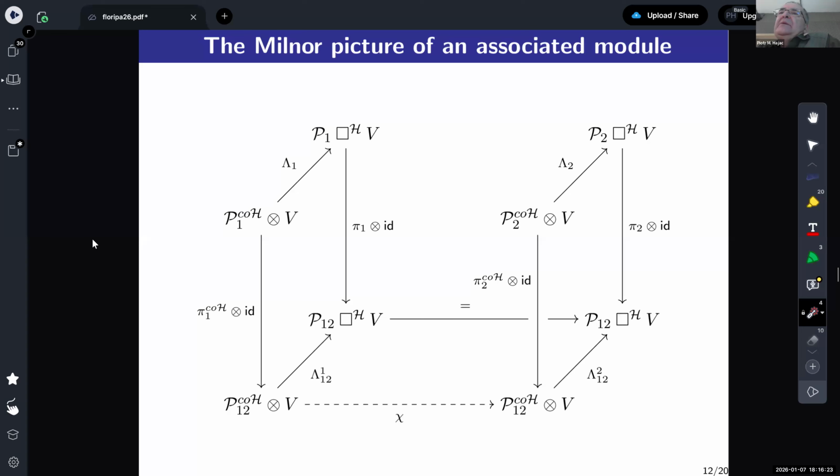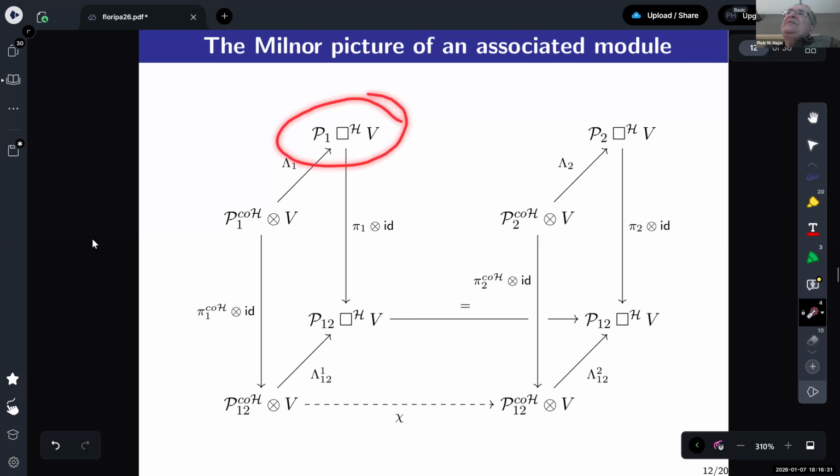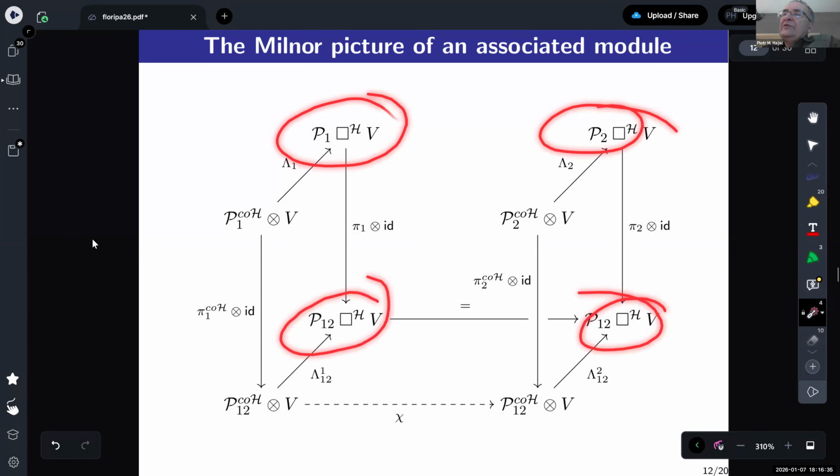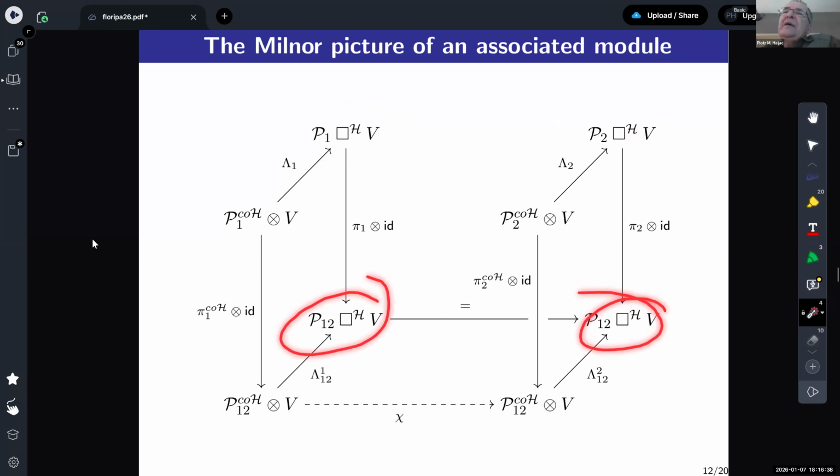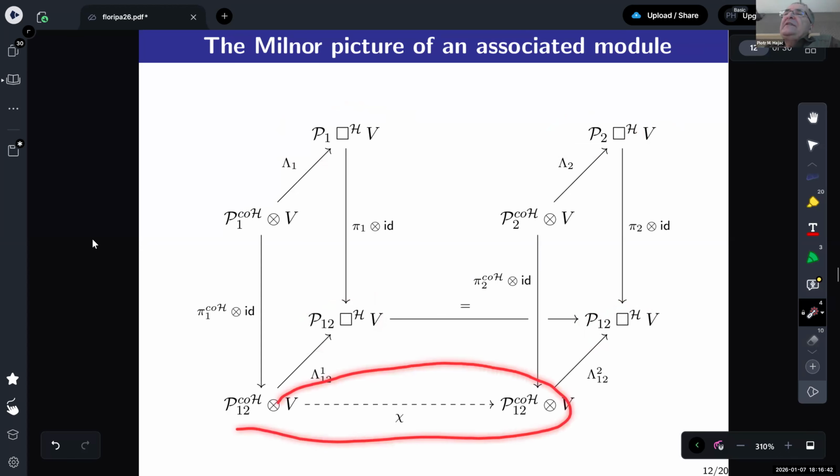Now, when you look at this diagram, you can say that since I explicitly write these associated modules as free modules using these isomorphisms given by cleaving maps, I can define chi to be such that it renders the whole diagram commutative.